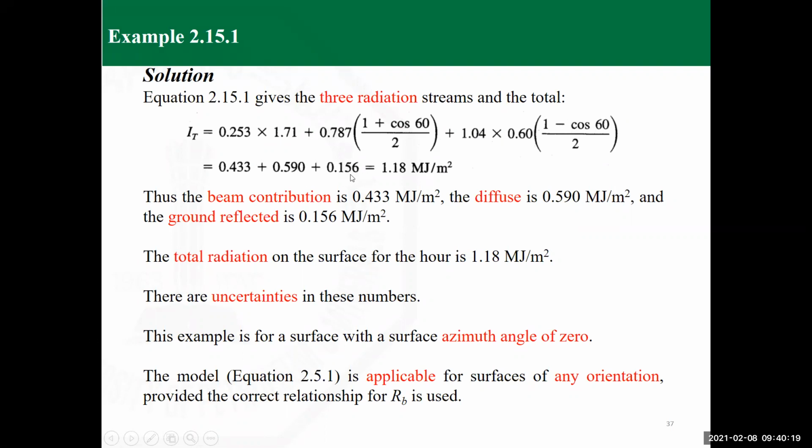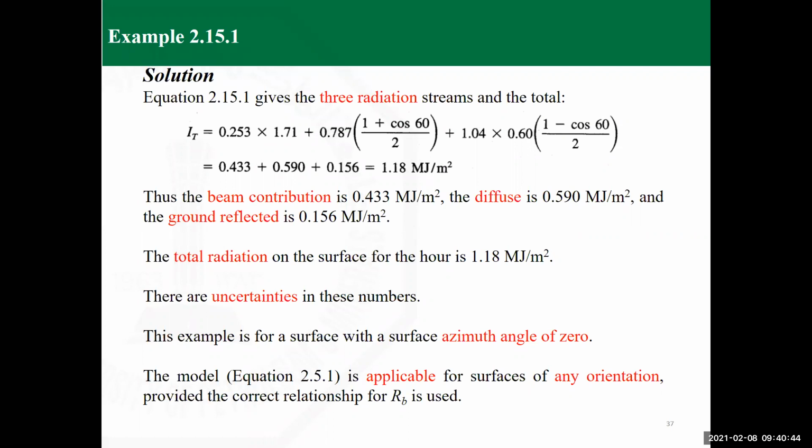The three components have been added together to give this total. The beam contribution is 0.43, the diffuse component is 0.59, and finally, the ground reflected is 0.156. The total radiation on the surface is 1.18, the one calculated here according to this equation.